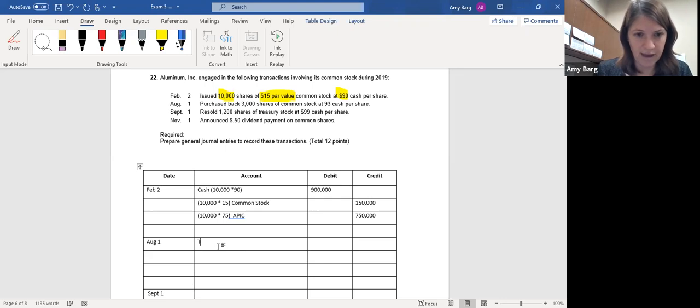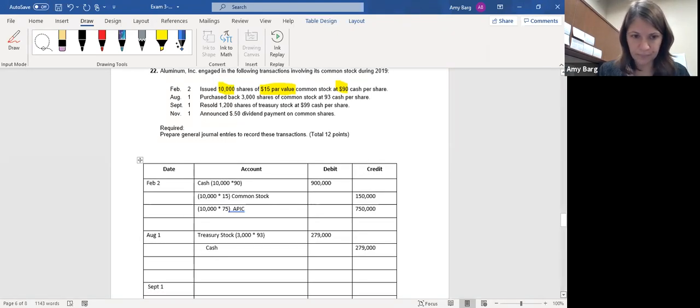So we have this treasury stock and we purchased back 3,000 shares at $93 a piece. So now this treasury stock has to stay at $93. Whatever it comes in as, that's how it stays, as long as we're using this particular method. So we bought those 3,000 shares of treasury stock and we paid cash for $279,000. That's all we need to do for that journal entry.